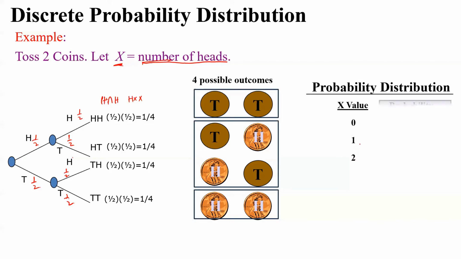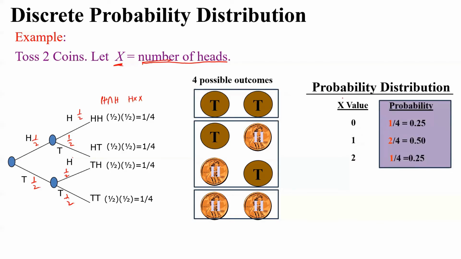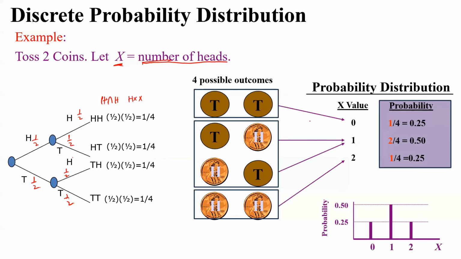Based on this, we can get the probability distribution and the probability values. For 0 heads, we have two tails, so the probability is 1/4, which gives 0.25.